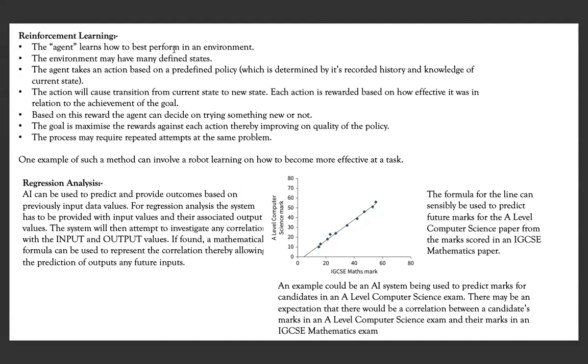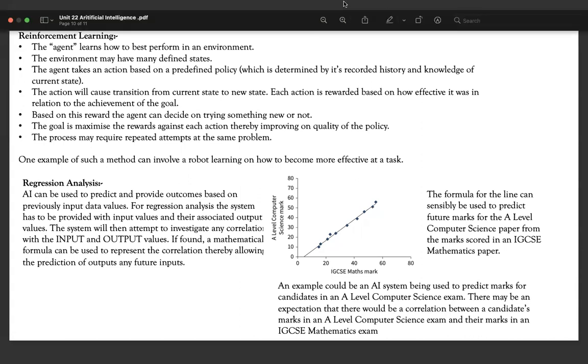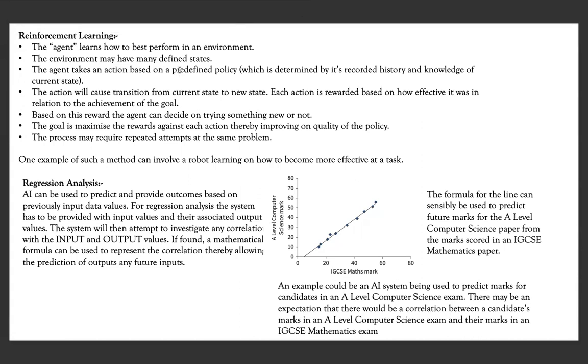So how that happens is that the environment may have many defined states. The agent takes an action based on a predefined policy, which is determined by its recorded history and knowledge of the current state. The action will cause a transition from the current state to a new state.